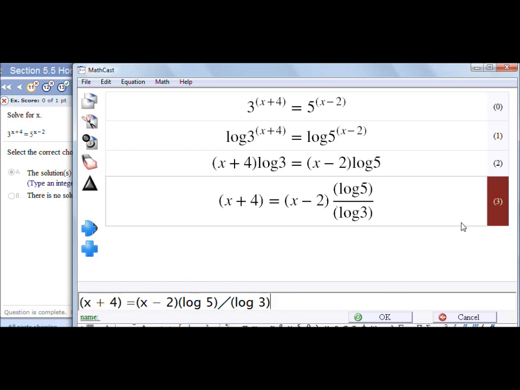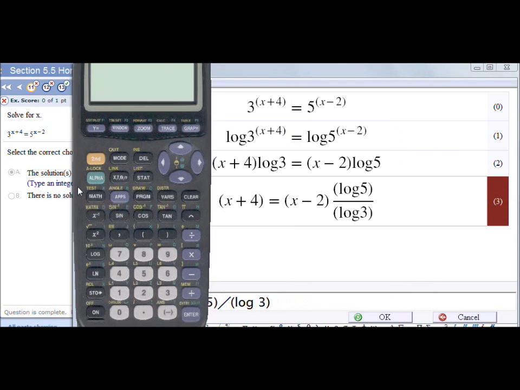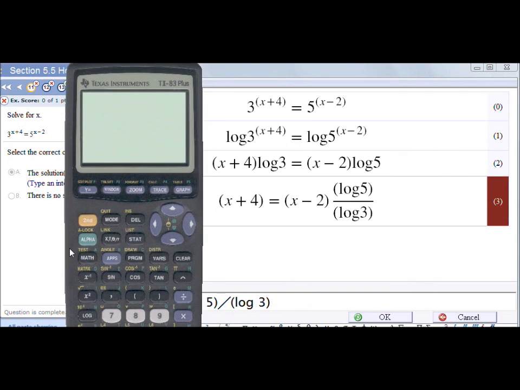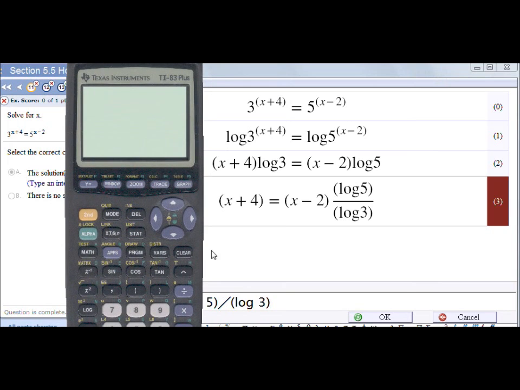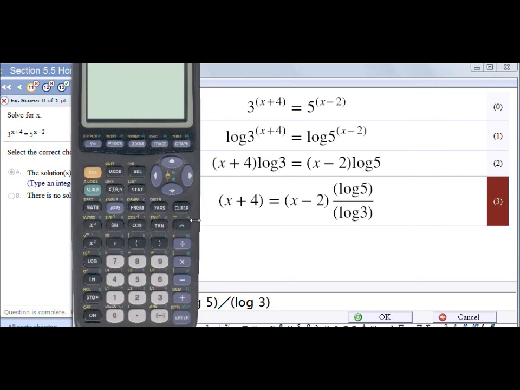Alright, so look at this. We're almost at a spot where I'm going to turn it over to you to work with. But here I need to do one thing, and that's use the calculator here. And what I'm going to do is divide log of 5 by log of 3. So let's do that.